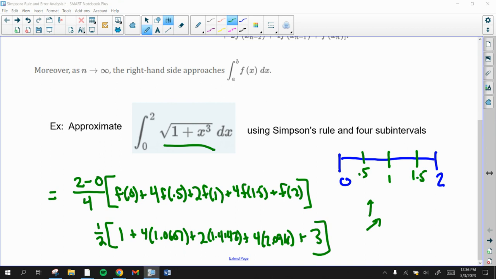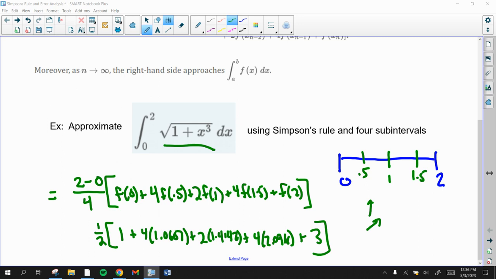So I'm going to type it in on the calculator. It's 0.5 times 1 plus 4 times 1.0651, I think that says, plus 2 times 1.4142 plus 4 times 2.0916 plus 3.